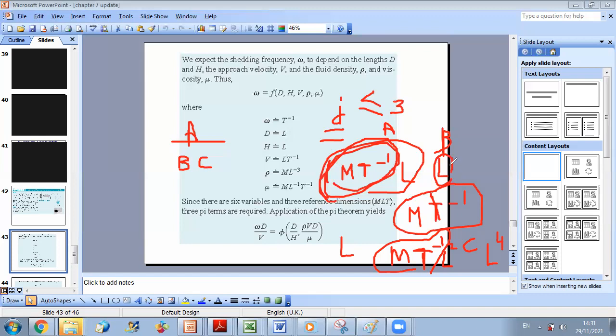For example, if you take B and C it works, because between them they cannot form a group by themselves. L with MT^-1 cannot form a group, because we cannot cancel L or we cannot cancel M and T. So in this case J will be 2 in the example I gave you now. Okay? And then you continue. So this is J. Okay?